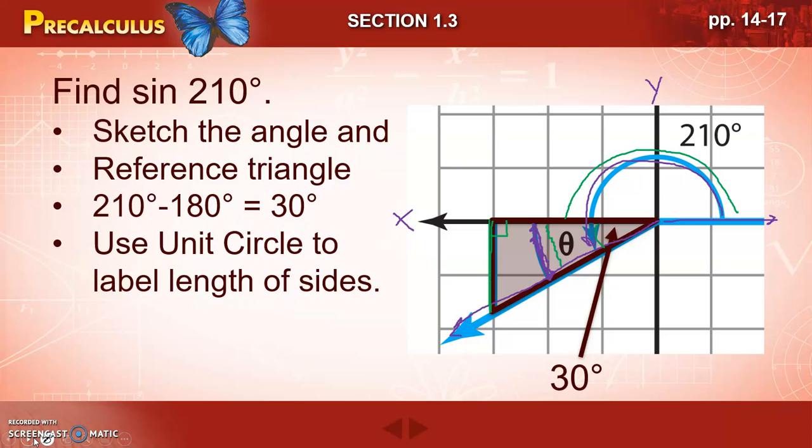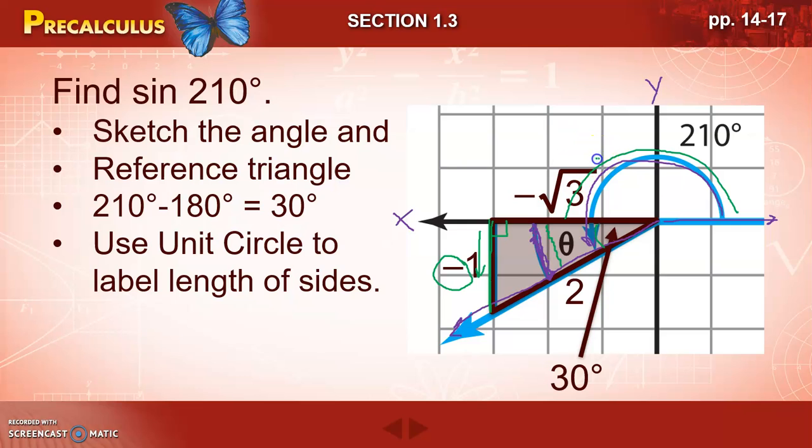Now, we have a fully labeled unit circle, so this 210 is already on your unit circle. But using the reference angle, we can go back and look at just the 30 degrees there to label the length of our sides. And looking at our 30 degree triangle, we see that our sides are 1, root 3, and 2. Now, the reason that this is -1 is because we're down here in the third quadrant, and our y values going this way are negative.